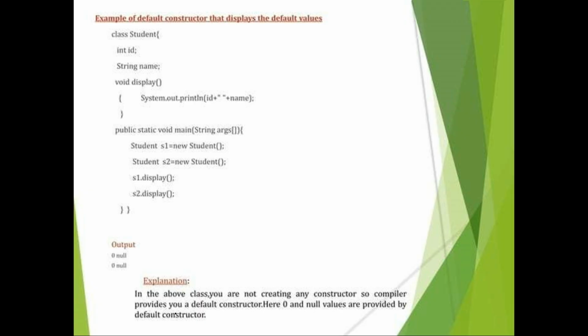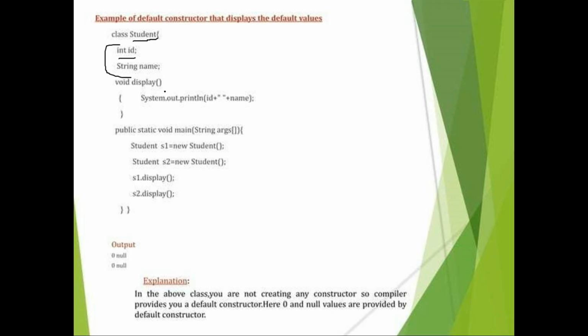Next we see one basic example without any constructors. In this program we have a class called Student. Within that Student class we create the variables integer id as well as name, that is the student id as well as the student's name.